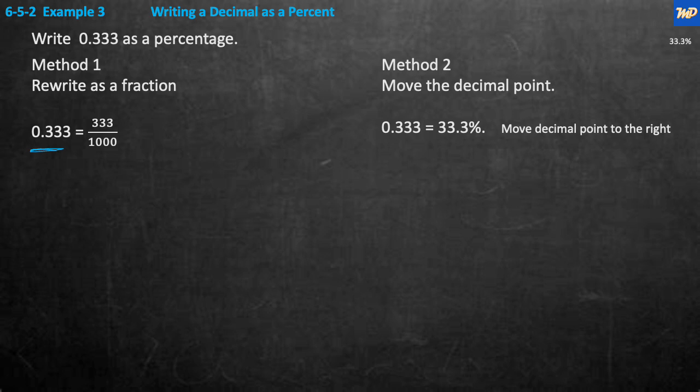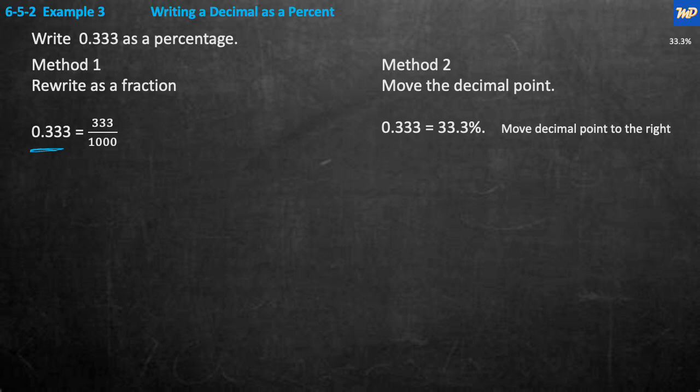If this was 1,000 up here, you'd have 10,000 in the denominator. So that's going to equal, well, we have to do something to get this to 33.3. Right now it's 333 over 1,000.